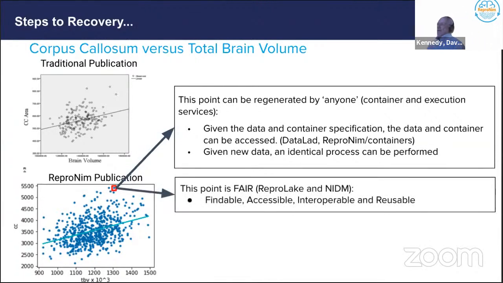So this point we would say is FAIR in that it's findable, accessible, interoperable, and reusable. If that is part of the publication, that point and its family of points and its family of statistics that belong to it should be able to be found by anyone, accessible, reusable by others, and interoperable.